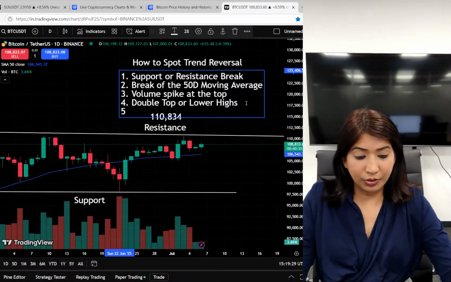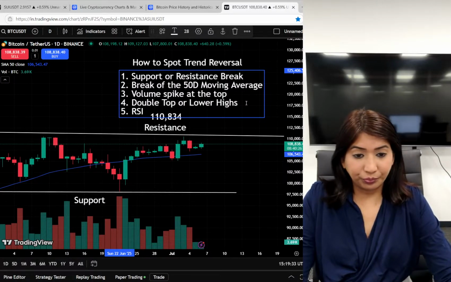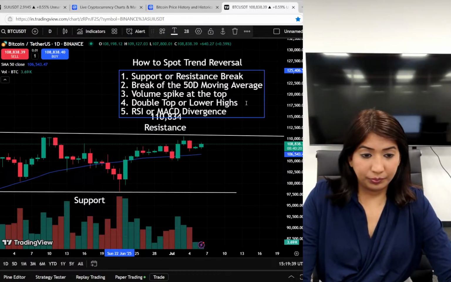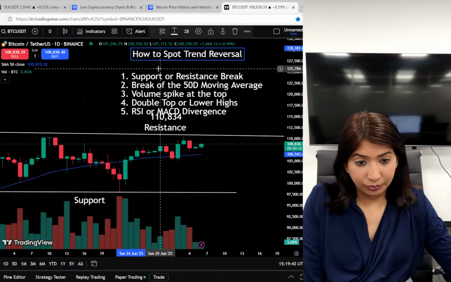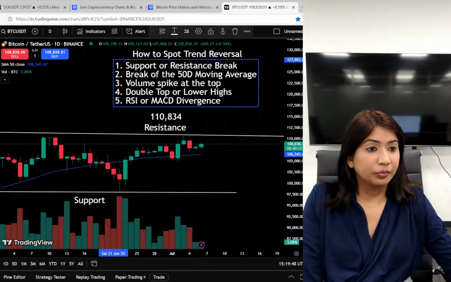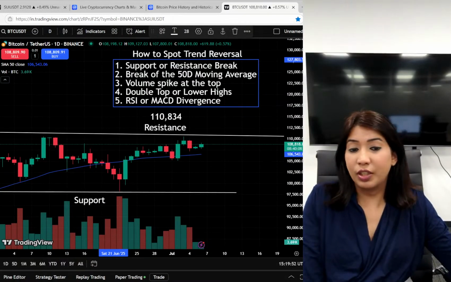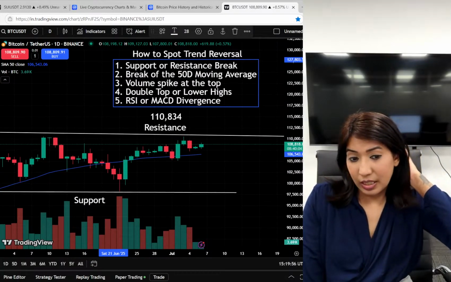Another thing which we also need to know is RSI or MACD divergence. Okay, this also plays a very significant role, and I told you guys that RSI and MACD is good enough.